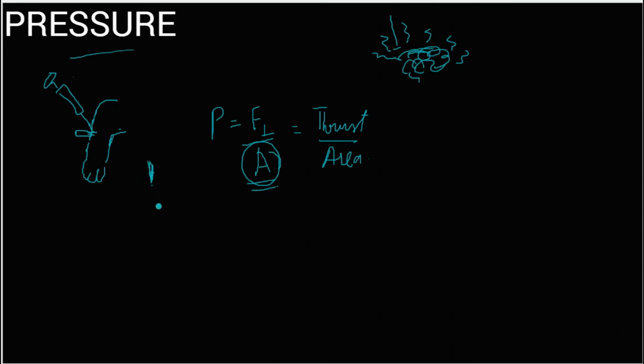That means area is very less. If area is less, pressure is more. If area is more, pressure is less. Simple. So even if the doctor and your friend are pressing you with the same force, you feel a lot more pain with the injection than with your hand.